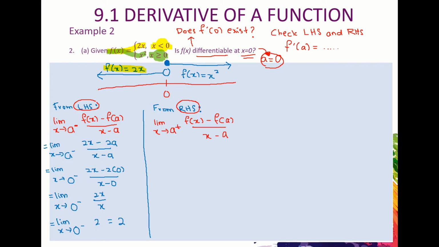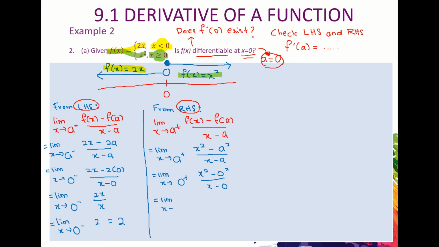But now our function is x squared since this is from the right hand side. So we will have limit x approaches a from the right hand side, x squared minus a squared divided by x minus a, which is the same as limit x approaches 0 from the right hand side, x squared minus 0 squared divided by x minus 0.